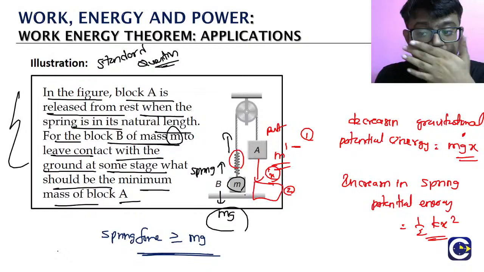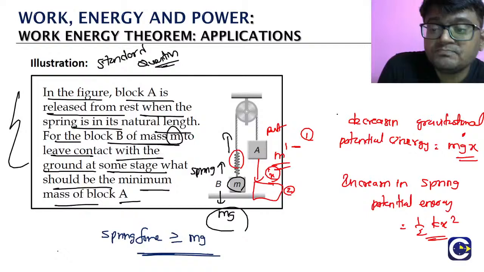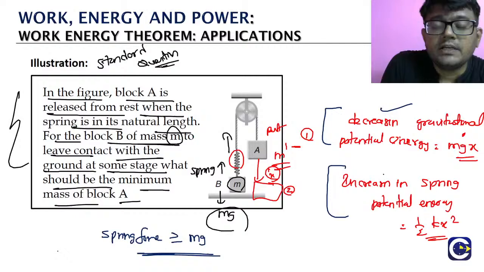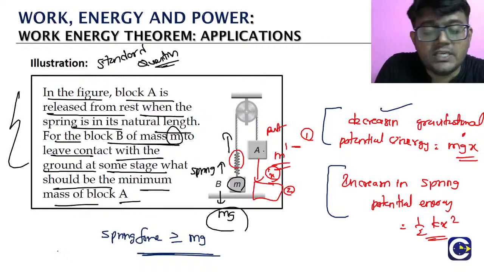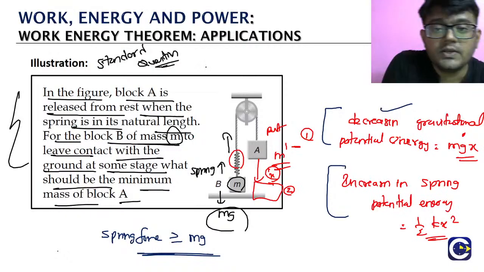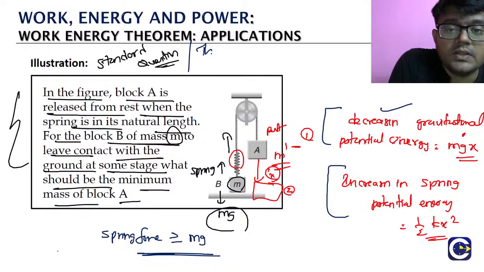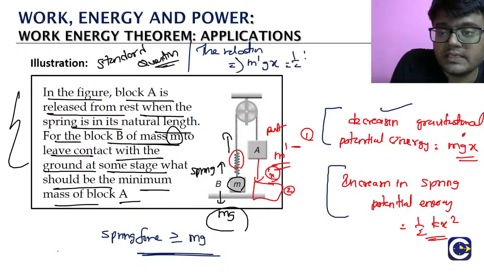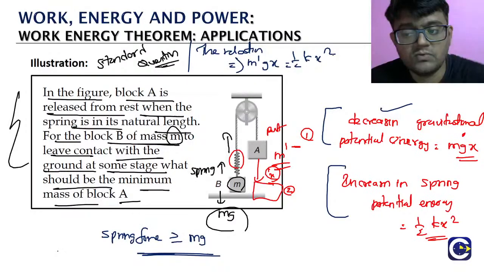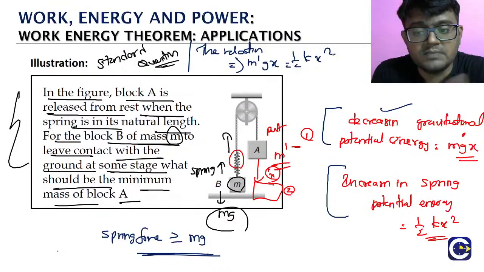Relating the decrease in potential energy of block A to the increase in spring potential energy, the relation is m dash g x equals half k x square.